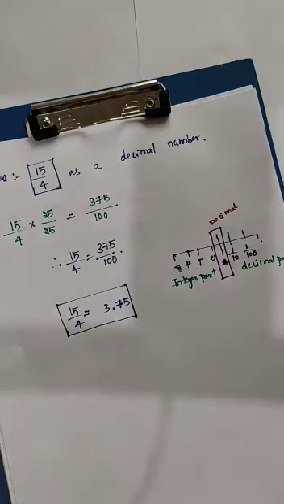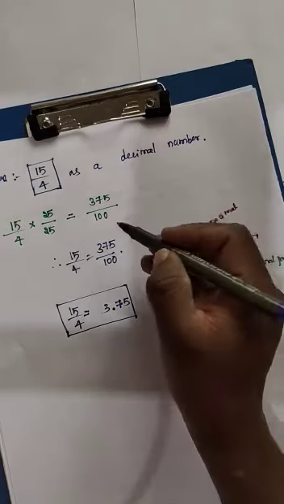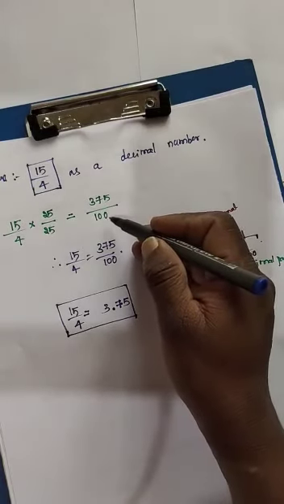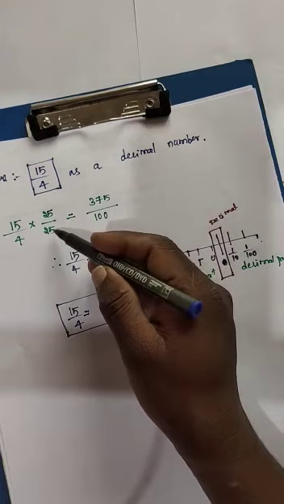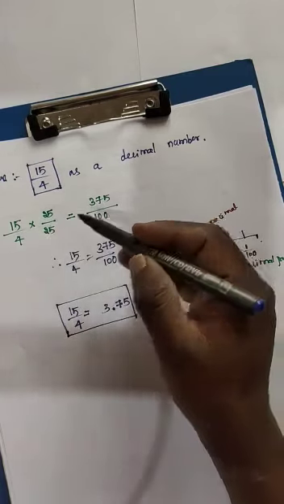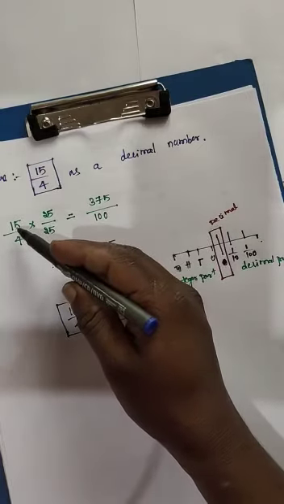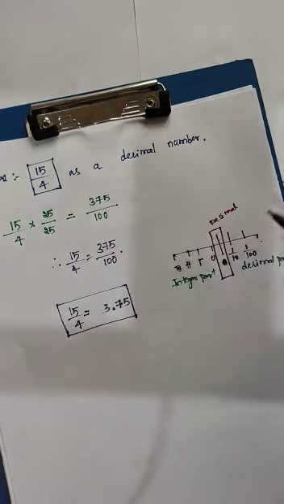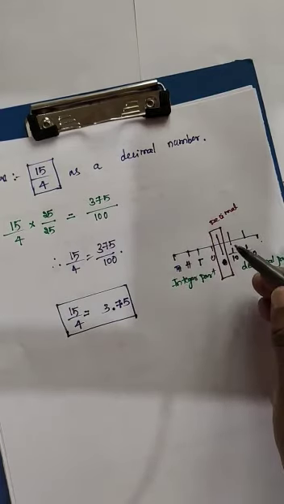By using the power of 10 method, by writing an equivalent rational number with a denominator of 10 or a power of 10, we multiply 25 on both numerator and denominator. We get 25 4s are 100 and 25 into 15 is 375, according to the decimal chart.